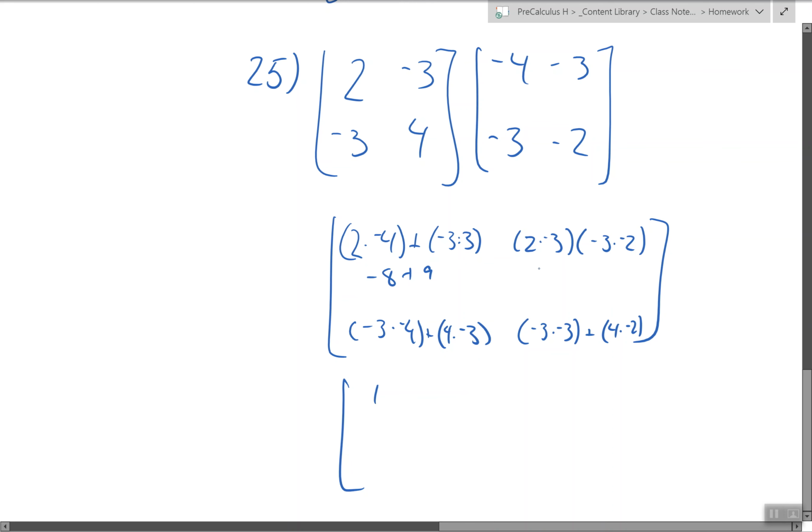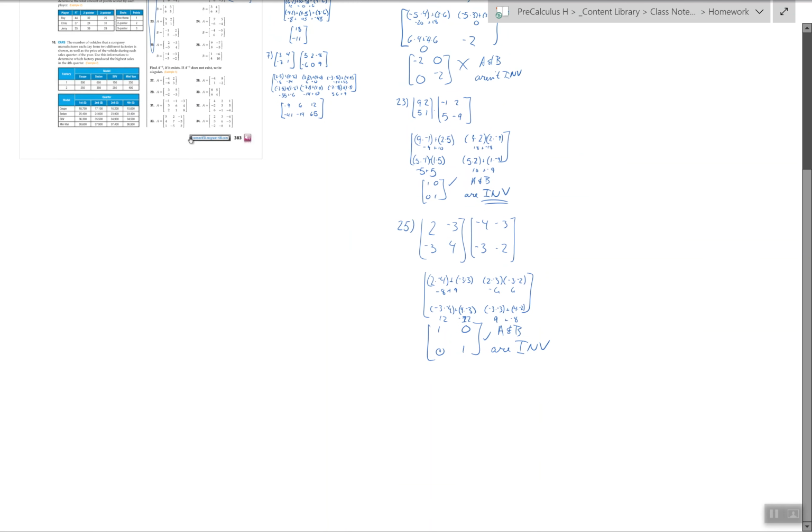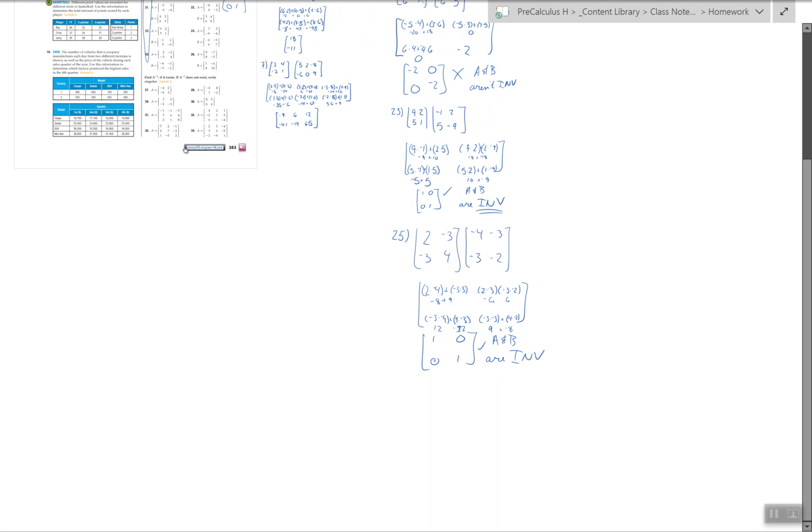Okay, so let's go through all this. That is -6, that is +6, that is a 0, that is +12, that is -12, that's a 0, and then we've got +9 and -8, so that is a 1. So for the final problem here, yes, A and B are inverses. So the only one that wasn't there was number 21.